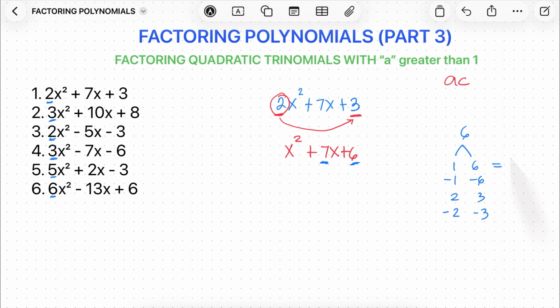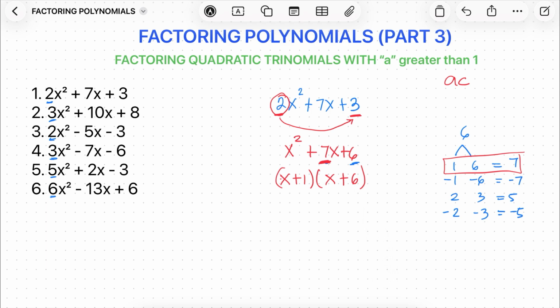So if we add, this is 7, this is negative 7, this is 5, this is negative 5. So since we are looking for our numerical coefficient of the linear term, which is 7, we're going to take the first factors. So we have x plus 1 times x plus 6.